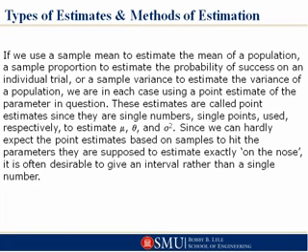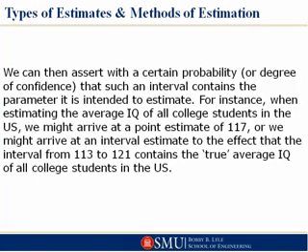Since we can hardly expect the point estimates based on samples to hit the parameters exactly on the nose, it is often desirable to give an interval rather than a single number. We can then assert with certain probability or degree of confidence that such an interval contains the parameter, be it the population mean or the population variance, whatever it is you're estimating.